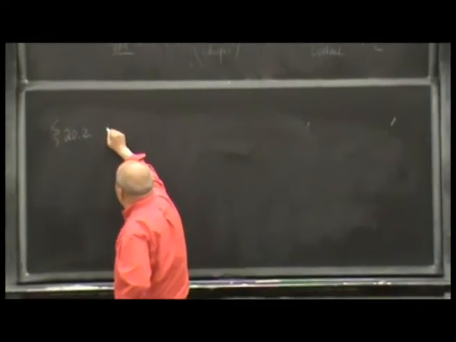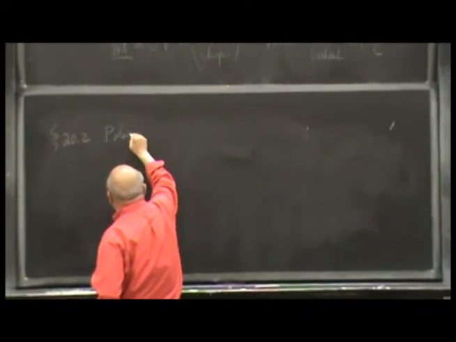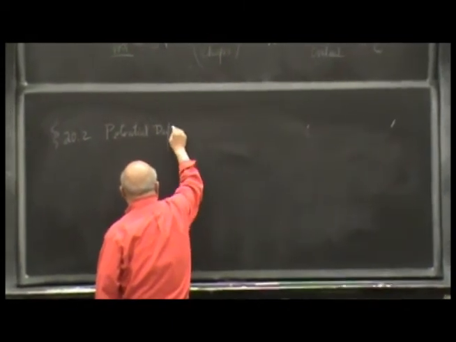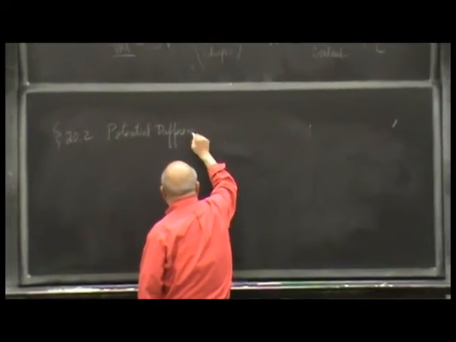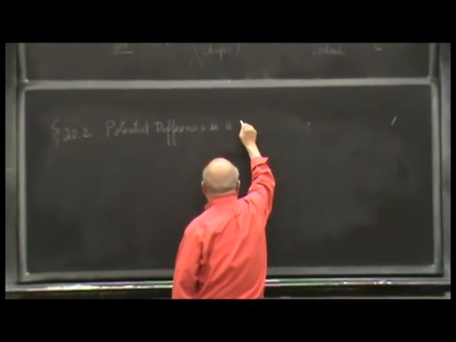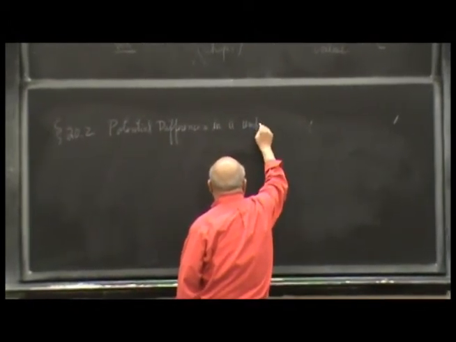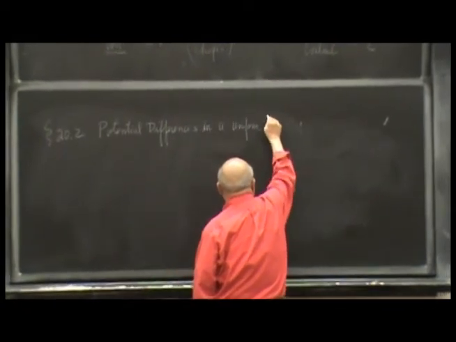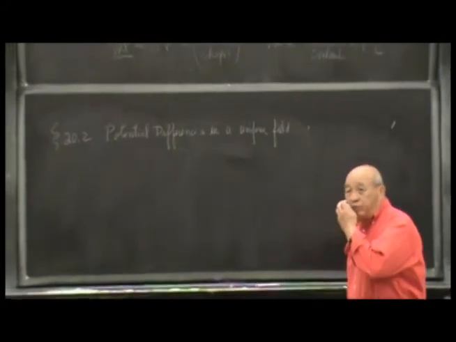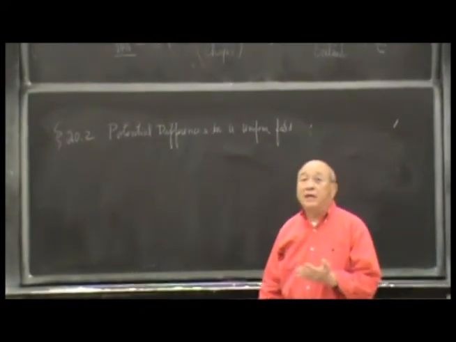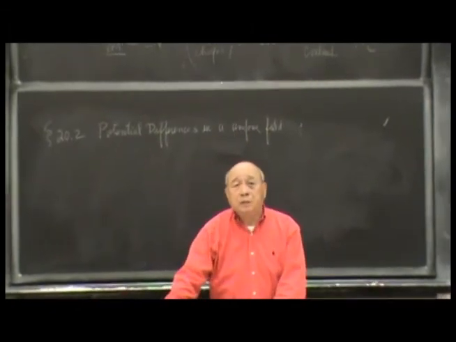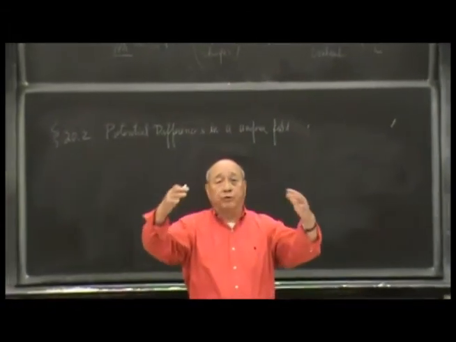So potential difference in a uniform field. What is this related to? It is related with a gravitational field on the Earth's surface.